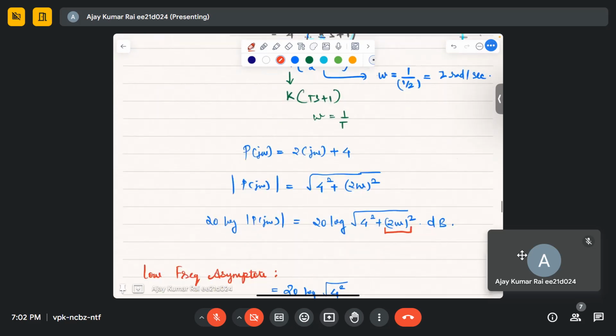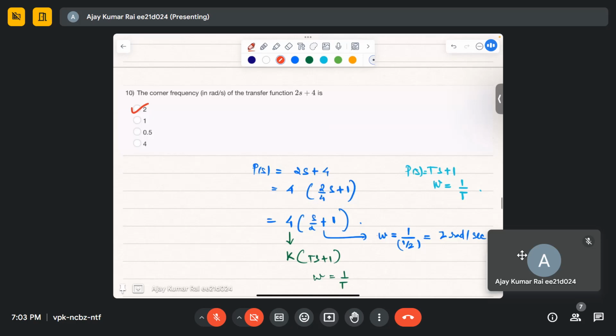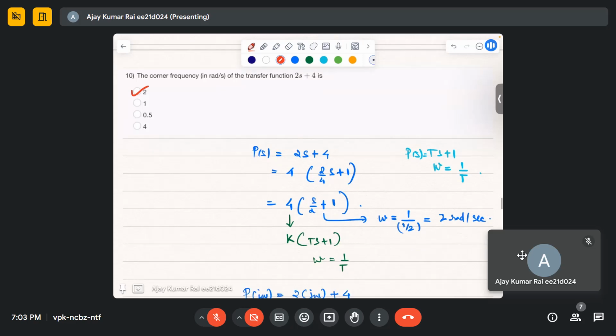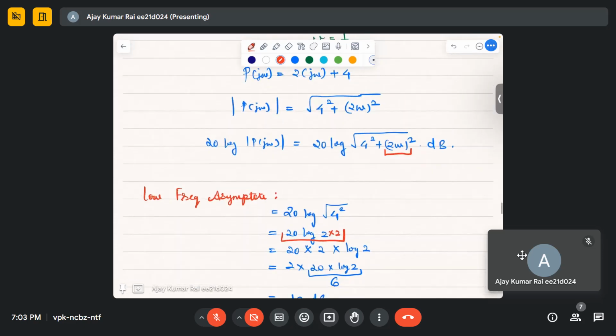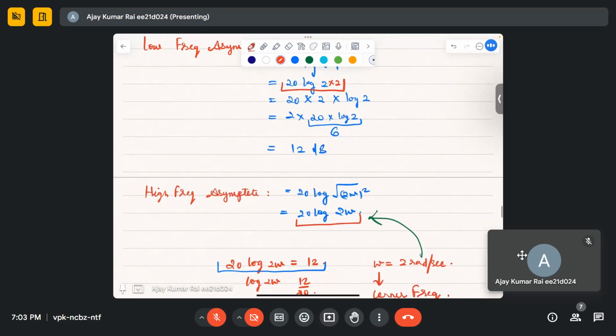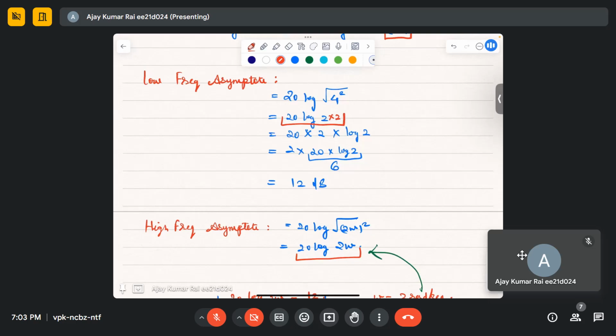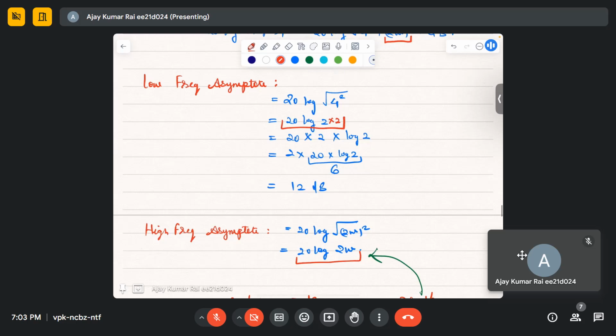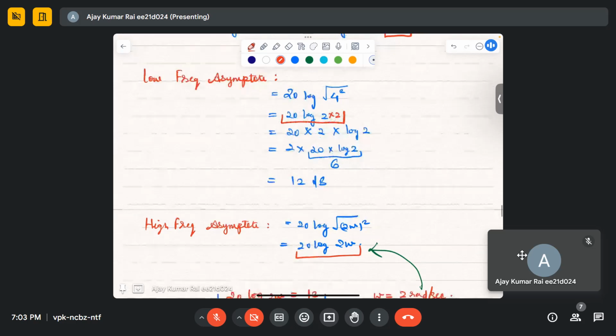So any doubt in this case? First, directly you can see from the transfer function, and you write the transfer function in this form, Ts plus 1. So you know what T is, and 1 by T is the corner frequency. The long form is this: you find the low frequency asymptote and high frequency asymptote, and you see where they intersect. In the high frequency asymptote magnitude value, you just see at what value of omega you'll get 12 dB.